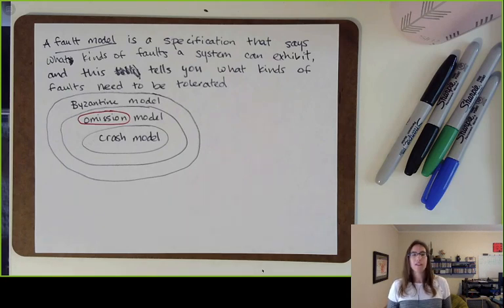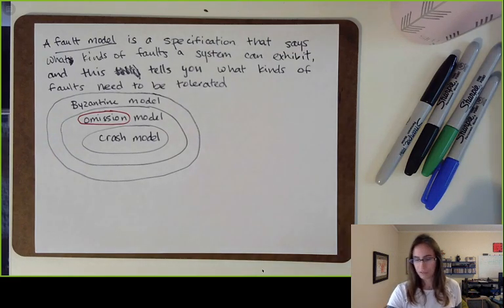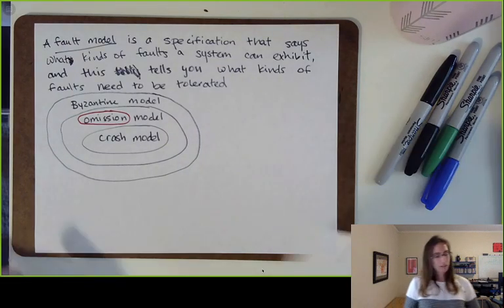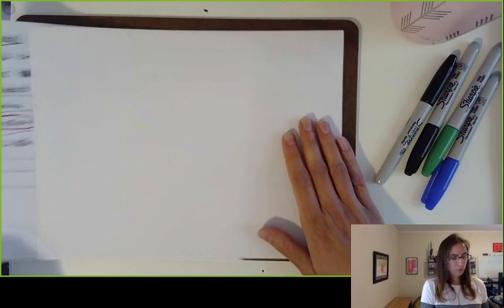In fact, there are a lot of things that we would like to be able to do in distributed systems that are flat out impossible to do in the omission model. So as an illustration of that, I want to tell you about this classic thought experiment in distributed computing, which is called the two generals problem. This is a really old thought experiment.